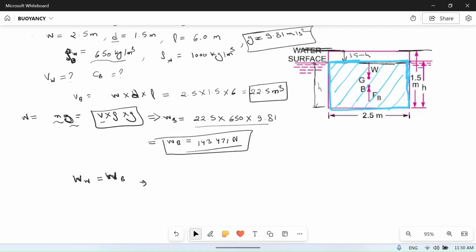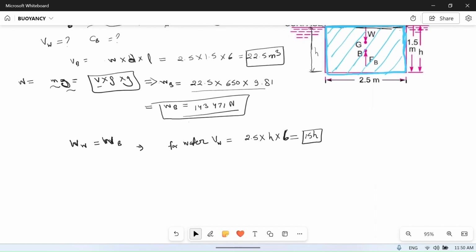Okay, so length into width into height. So for water, volume of water is equal to 2.5, which is width, into height, which is h, into length, which is l. L is equal to 6. So it will become 15h.